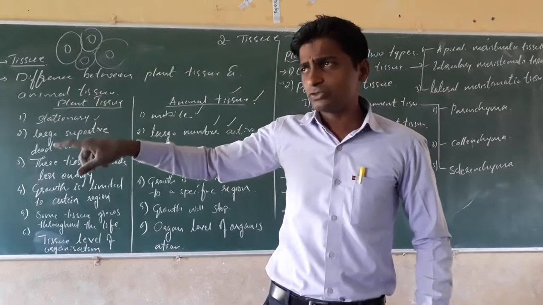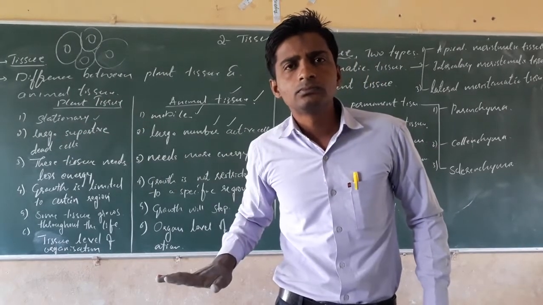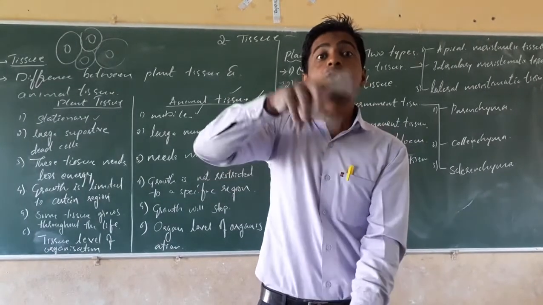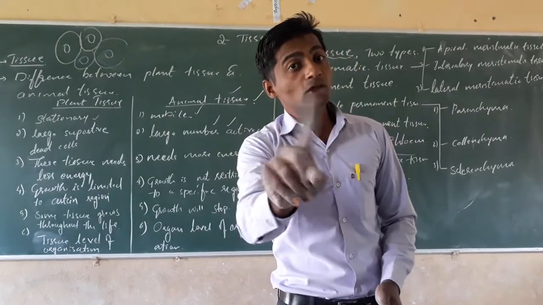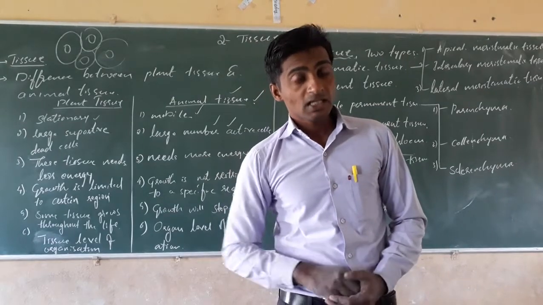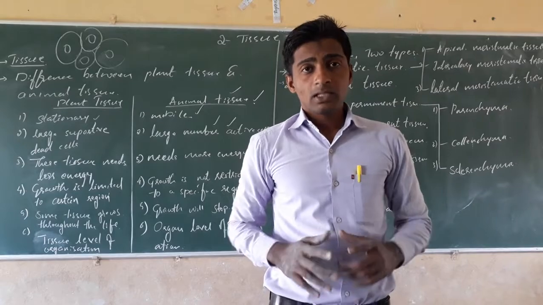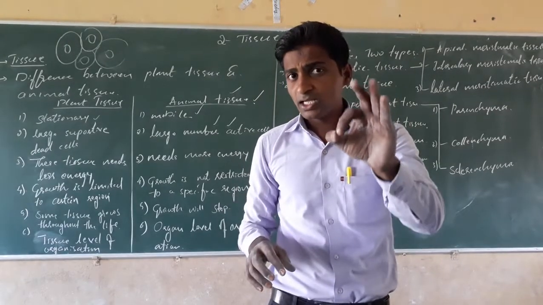Whatever the size of the leaf, that much it will grow. Isn't it? The growth is restricted. In the stem region, what happens? The growth may occur. In the leaf, the growth will not occur; it stops at a particular time. In the leaf, the growth will be limited.